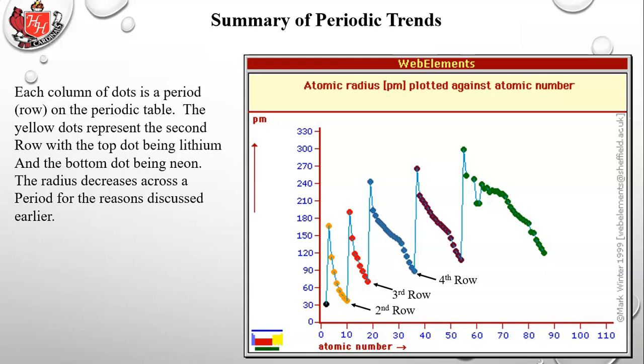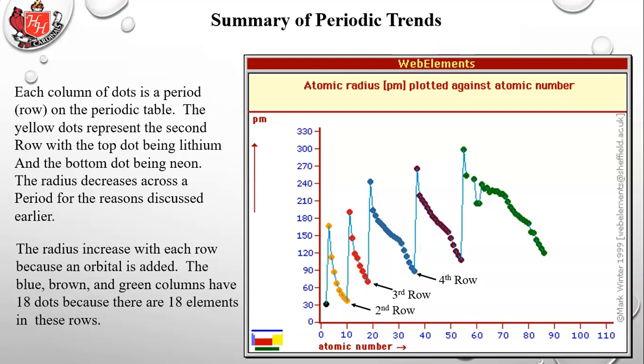The second one is going to be beryllium, and all the way across to the bottom dot, which is going to be neon. So the yellow dots represent the second row, with the top dot being lithium and the bottom dot being neon. The radius decreases across the periods for the reasons we discussed earlier. More protons pull the electrons in more tightly.